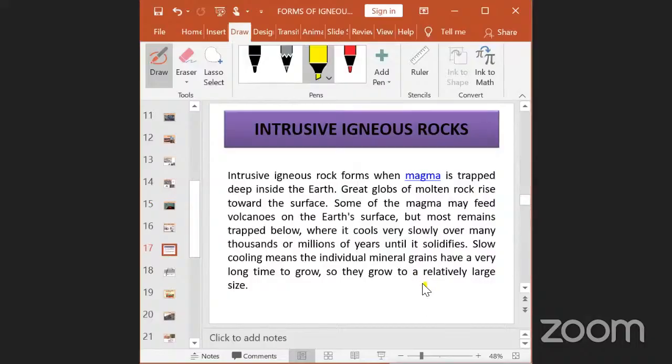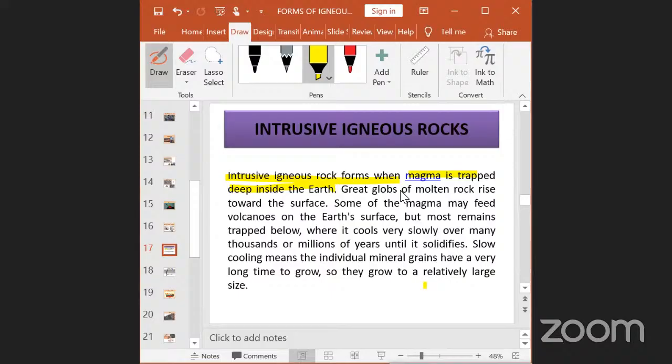The next one is intrusive igneous rocks. We finished extrusive igneous rocks. Intrusive igneous rocks form when magma is trapped deep inside the earth, right?